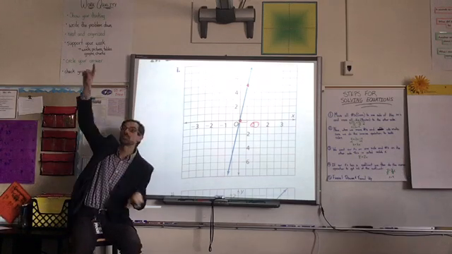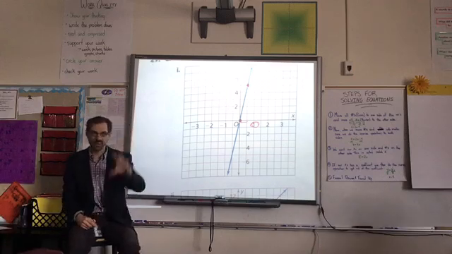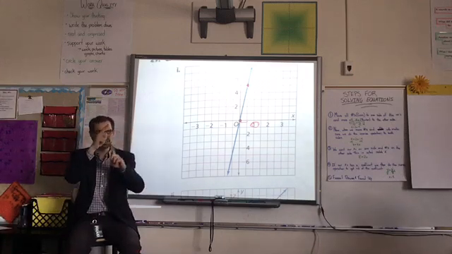Yes, and it looks super steep, but the scale tells you, wait a minute, they're really not spending that much money.